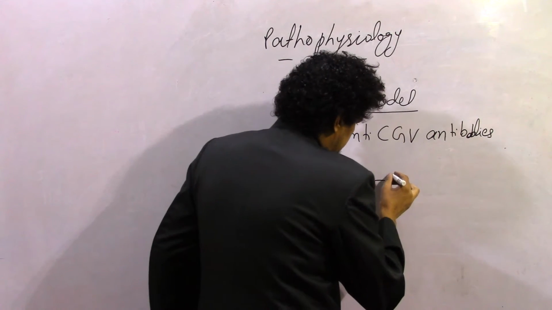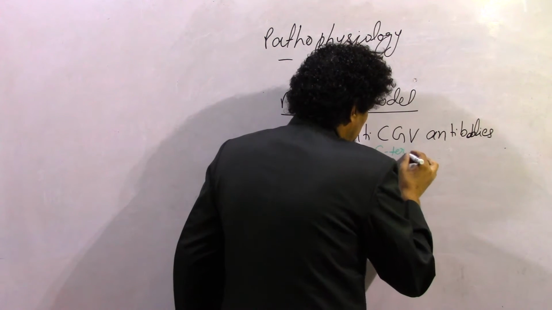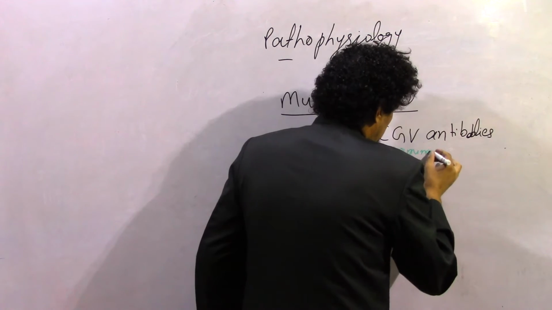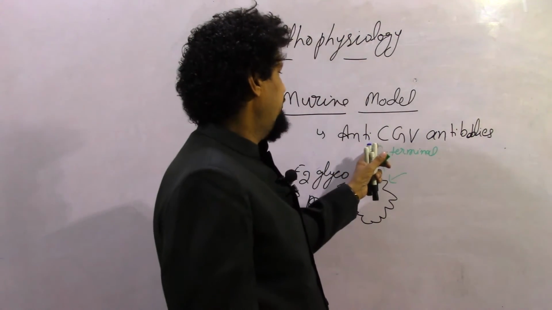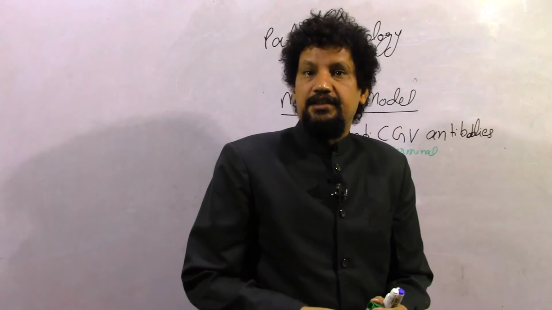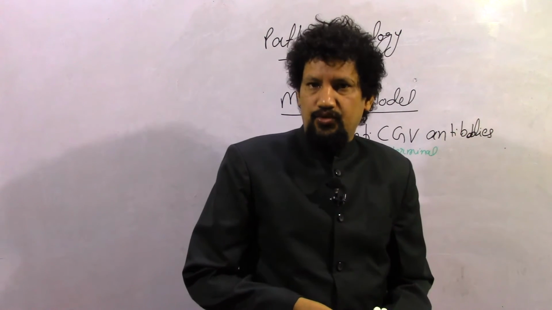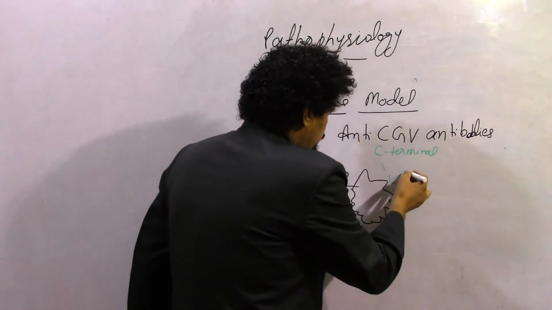So these anti-chikungunya virus antibodies are directed against the C terminal of the E2 glycoprotein of the chikungunya virus.